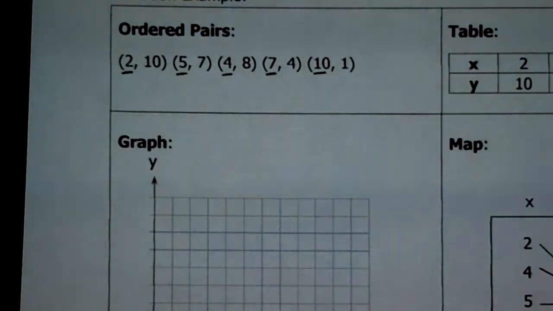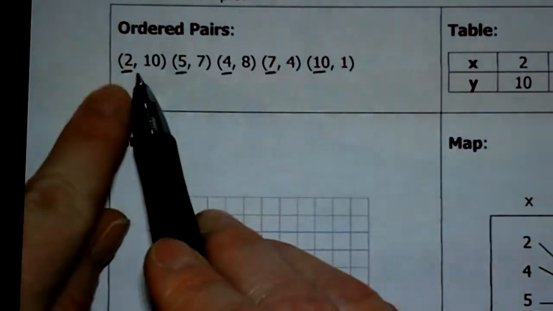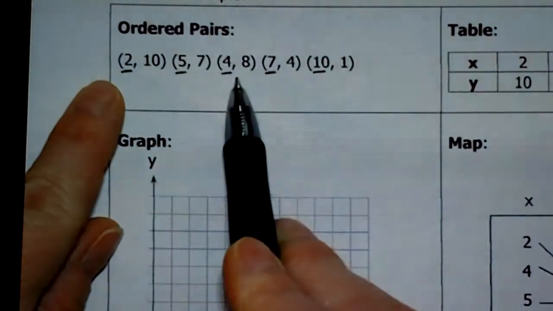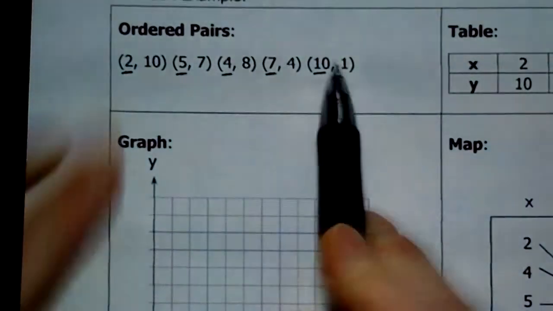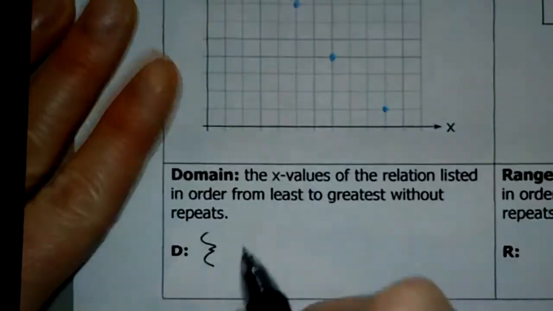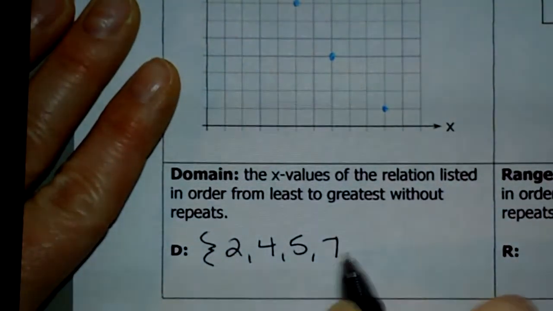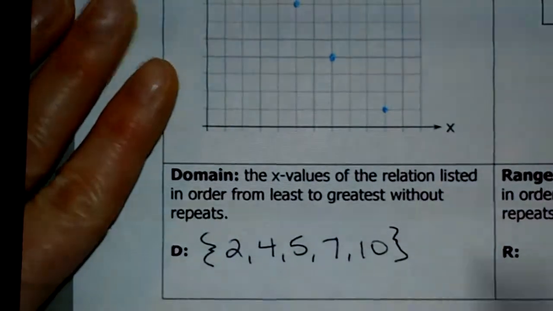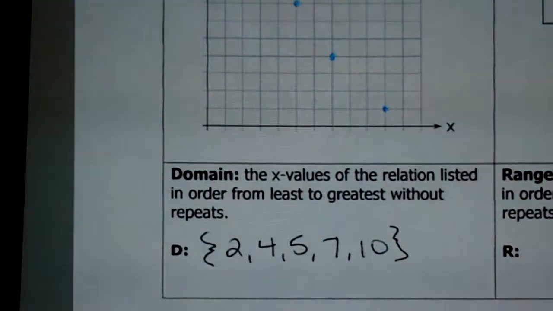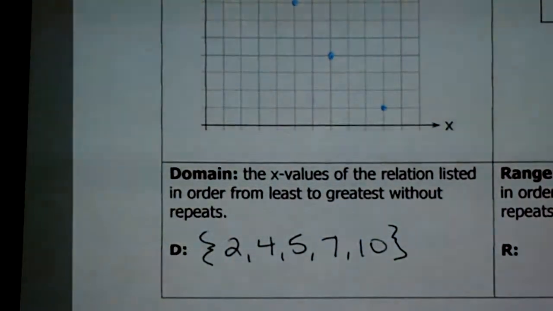Those are the values in my domain. When you list a domain, you want to put them in order from least to greatest. So in looking at this, it's going to go 2, 4, 5, 7, 10. So I'm going to write that: 2, 4, 5, 7, 10. And then I'm going to close up those brackets as best as I can. I know, it's a mess.